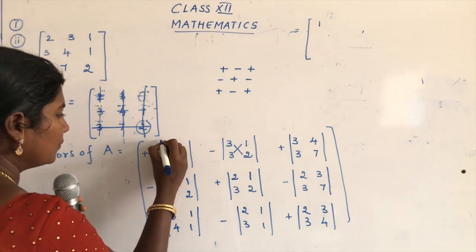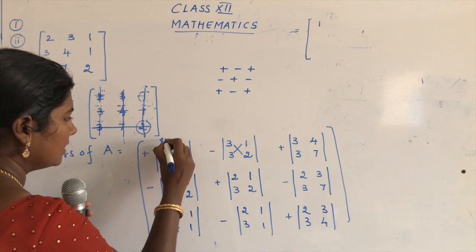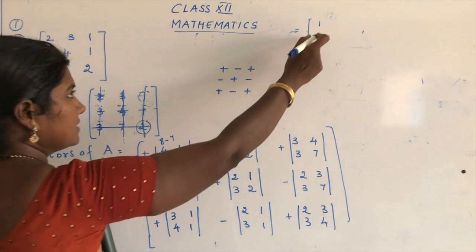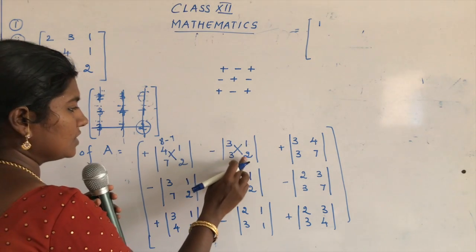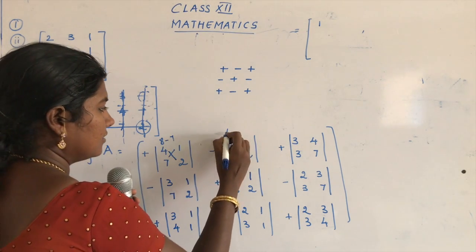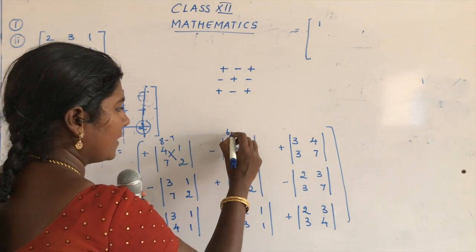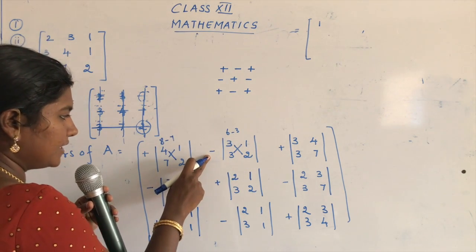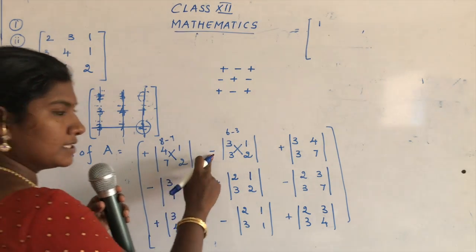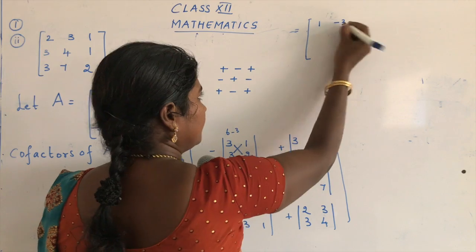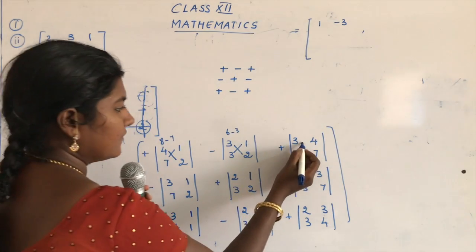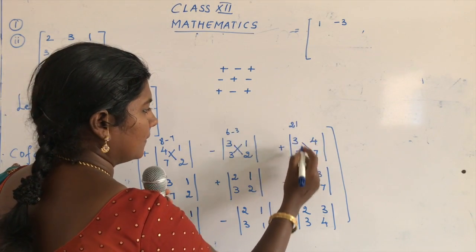So I'll write over here. It's 8. 4 2s are 8 minus 7. I get the answer as 1. 3 2s are 6. 3 1s are 3. So minus 3. Okay, and what is the main sign over here? It's minus. So what is the answer? Minus 3.